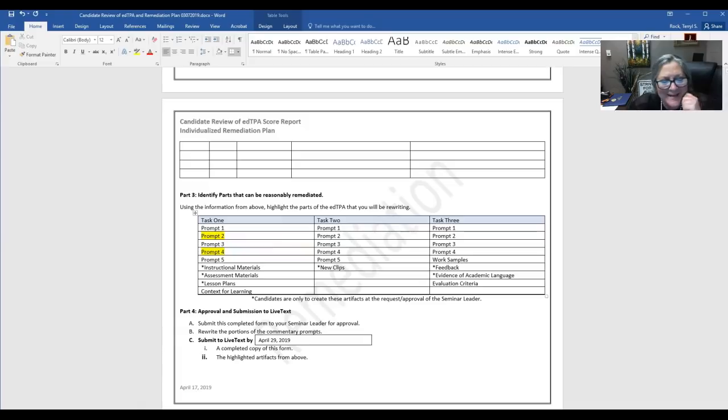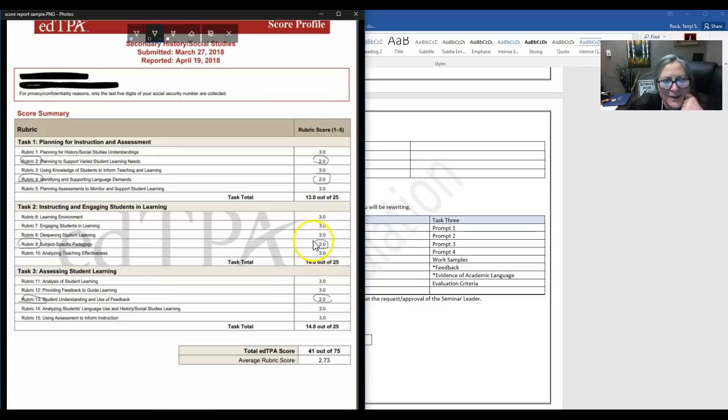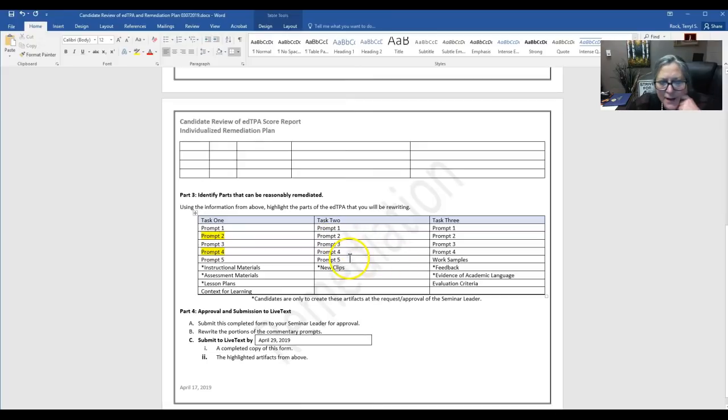And let's see what else. Rubric 9, if they didn't have the information needed, you can't get new clips unless you redo the whole thing. So if you didn't have what you needed in the clips, then I would have you reflect, and I think that's prompt 4. And so anyway, whatever can be reasonably done.